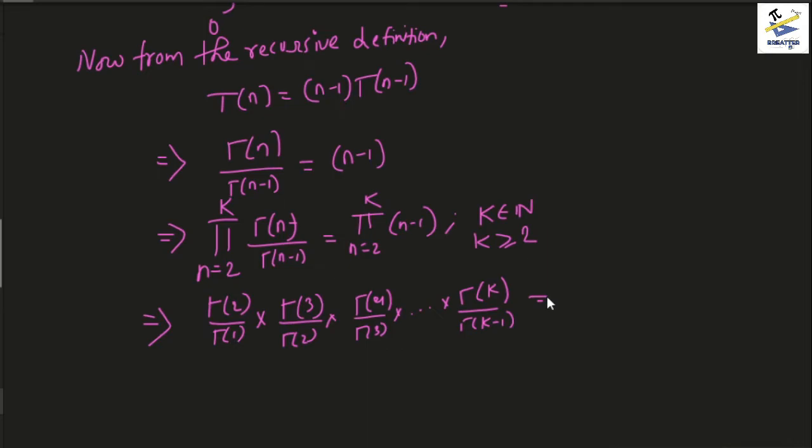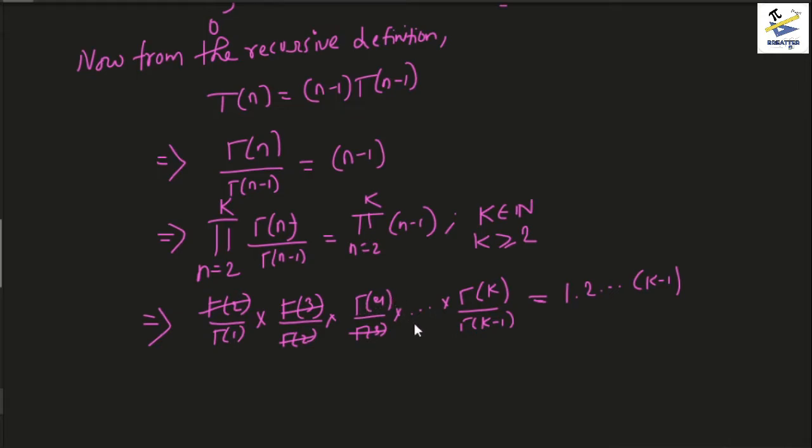Observe this carefully, what I have done here. Take a moment to realize how this product actually cuts itself off. Well, on the right hand side it would be from 2 to k minus 1, which is like 1 into 2 all the way up to k minus 1. And you see this gamma 2 and this gamma 2 cancel off, this gamma 3 and this gamma 3 cancel off.